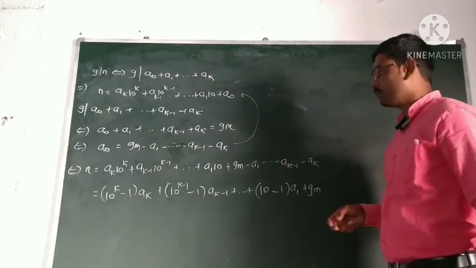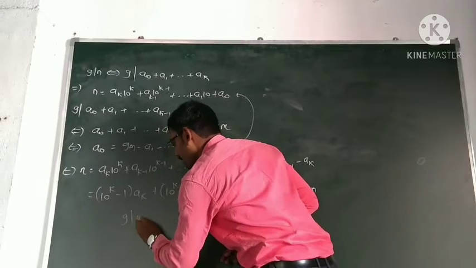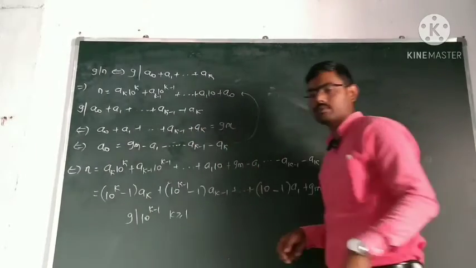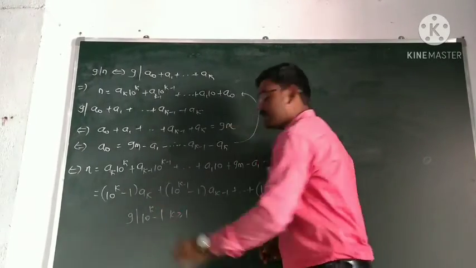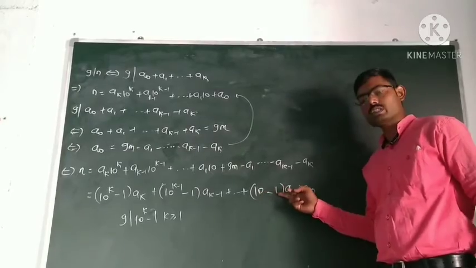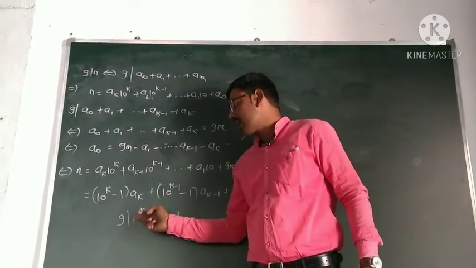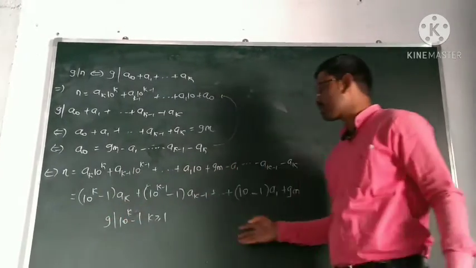Now see, we know the rule. The rule suggests 9 always divides 10 raised to power k minus 1 for all k greater than or equal to 1. So 9 divides 10 minus 1, which is 9. 9 divides 10 raised to power 2 minus 1, that is 100 minus 1, which is 99. 9 divides 999, and so on.